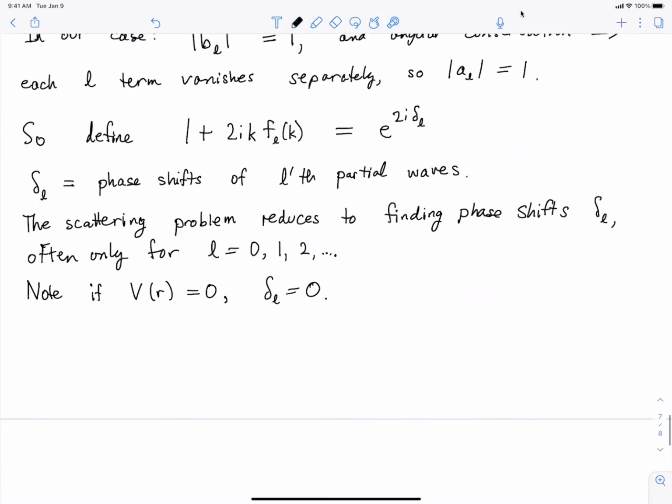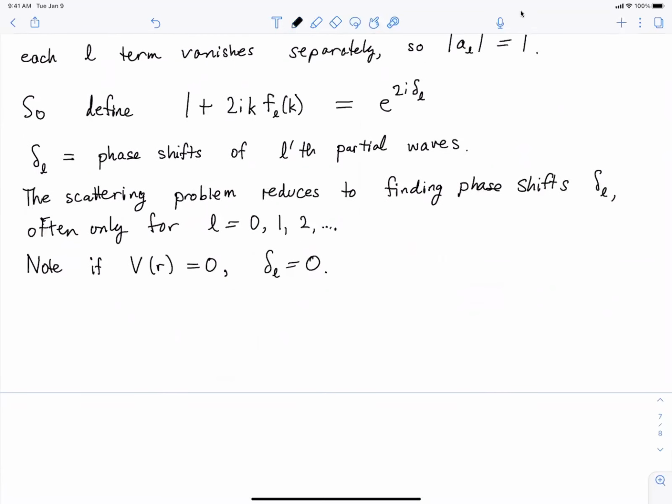Okay, so there are other ways to write down what we've just written that are useful under different circumstances. Let me just isolate the F_L of k and write it in various equivalent ways. One way is I can just solve for it in terms of the phase shift like this.